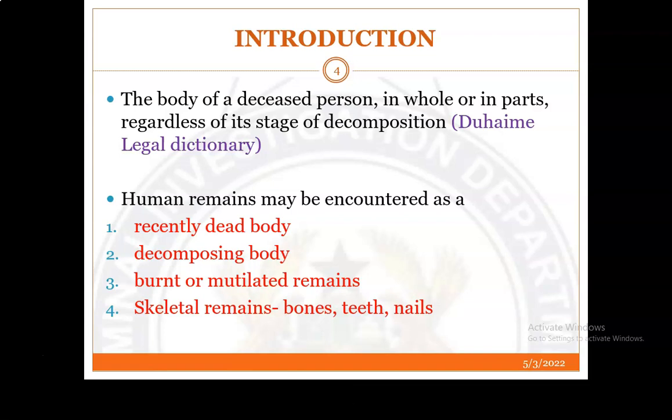Human remains may be encountered as a recently dead body, at any stage of decomposition, burnt or mutilated remains, and also in skeletonized form, like the bones, teeth, nails, whether fingernails or toenails. So human remains fall under these four categories.